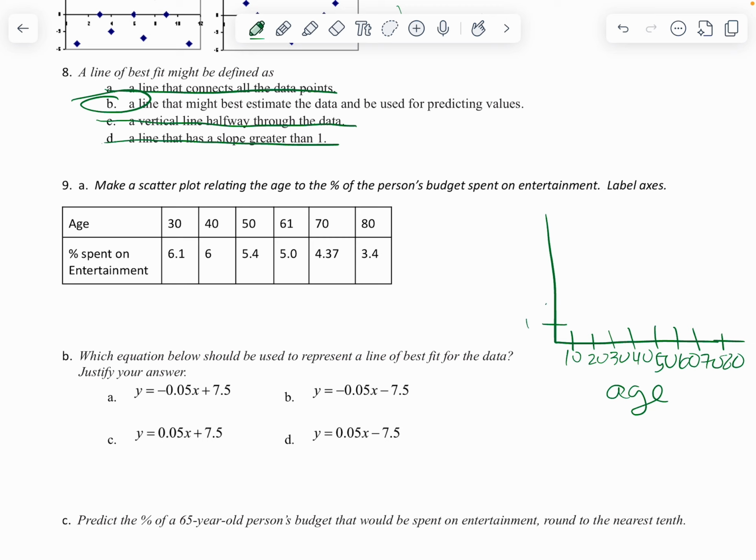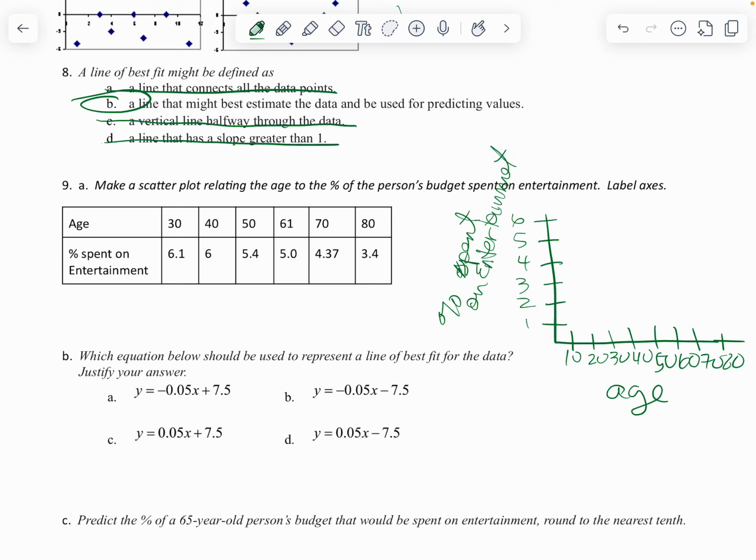So 1, 2, 3, 4, 5, 6. And then this is percent spent on entertainment.